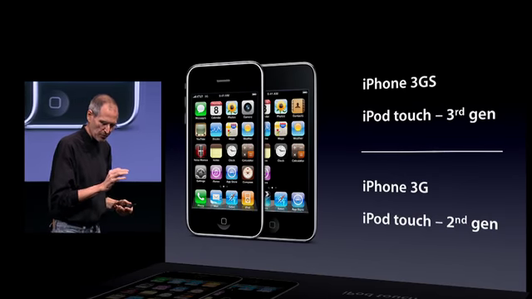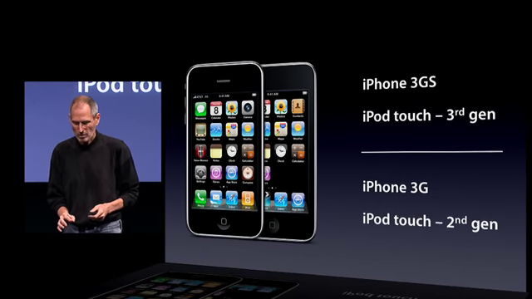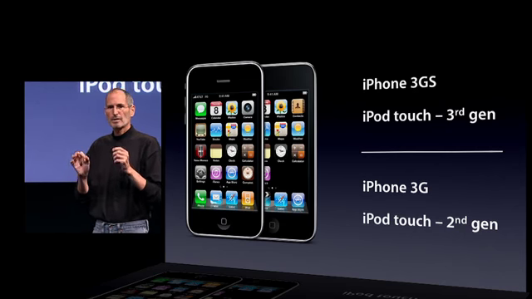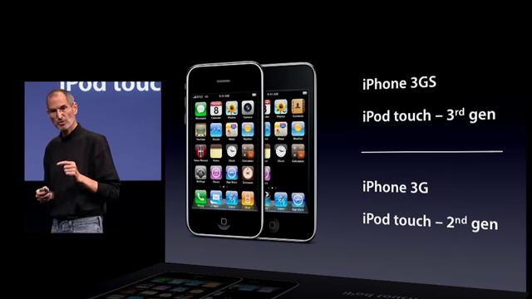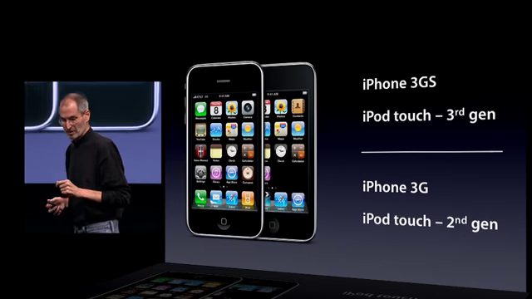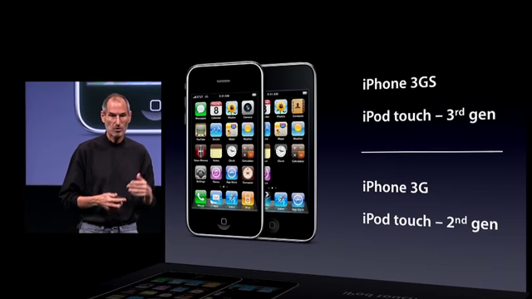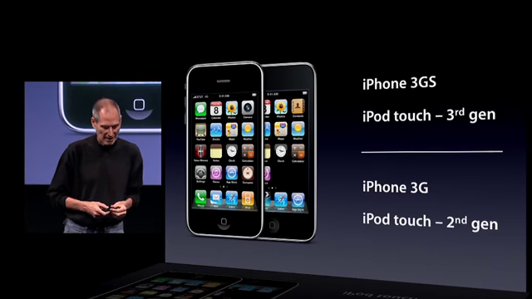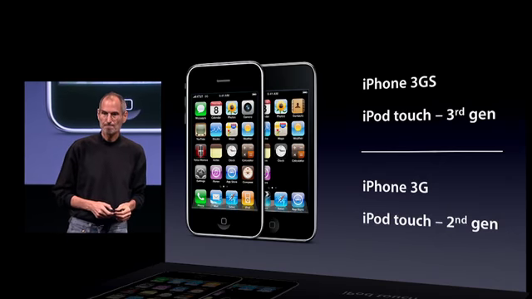For iPhone 3G and iPod Touch 2nd generation, they will run many things. But there are some things they will not run because the hardware doesn't support them, like multitasking. So iPhone 3G and iPod Touch 2nd generation will not support multitasking. The hardware just can't do it. But iPhone 3GS and iPod Touch 3rd generation will support everything you've seen today.